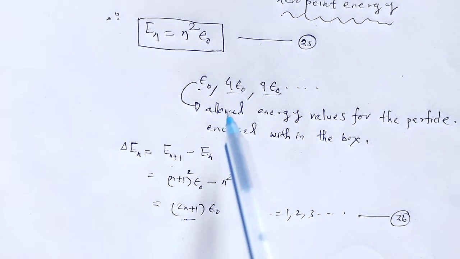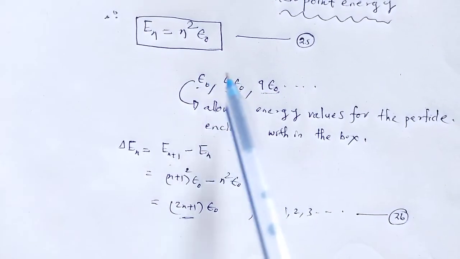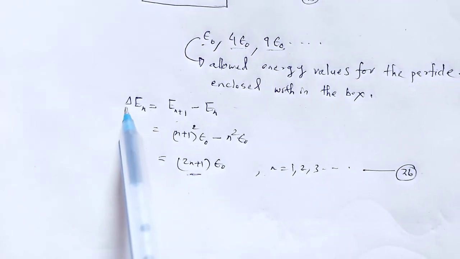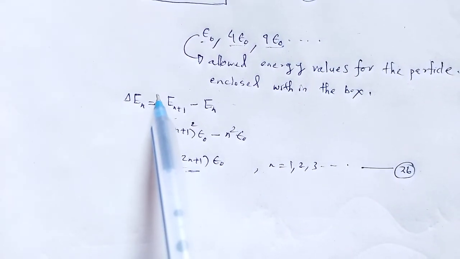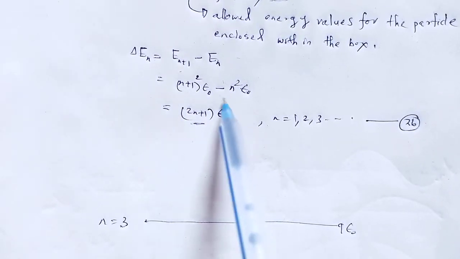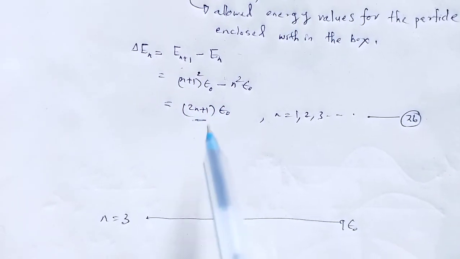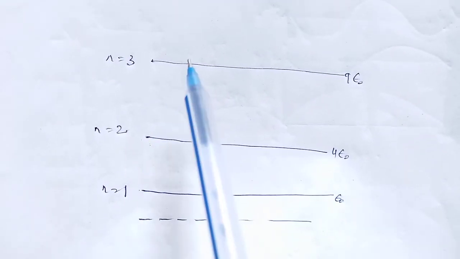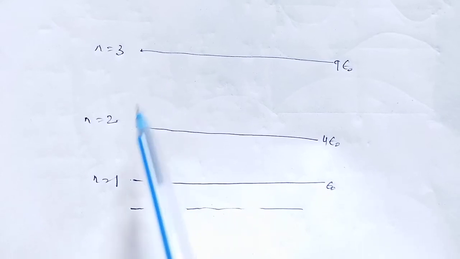Epsilon naught is the ground state energy. These are the allowed energy values when n is equal to 1, n is equal to 2 and n is equal to 3, like this. This is the difference between these two energy levels. Therefore, the energy levels are not equispaced.